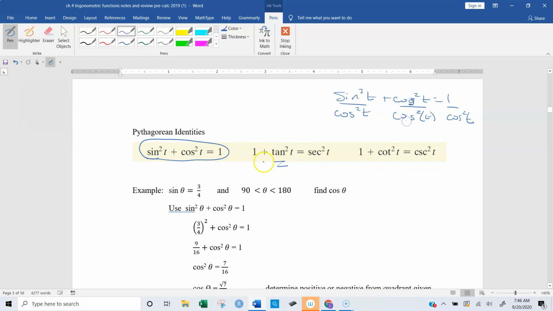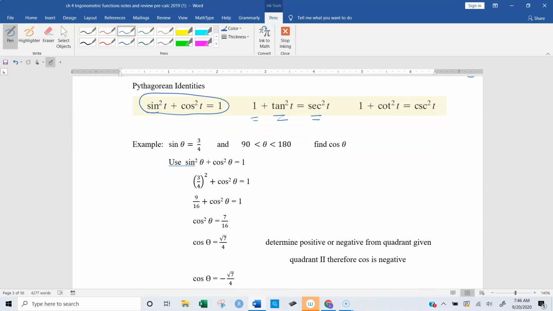Cosine divided by cosine is 1. And 1 over cosine is your reciprocal, which is your secant. All they did was divide by cosine. The same is true here, they just divided by sine. So you really only have one, but the different identities help us get through things a little faster when we're finding trig functions.